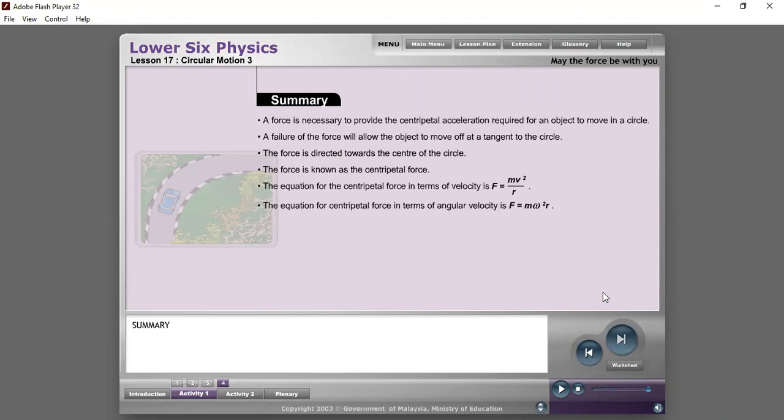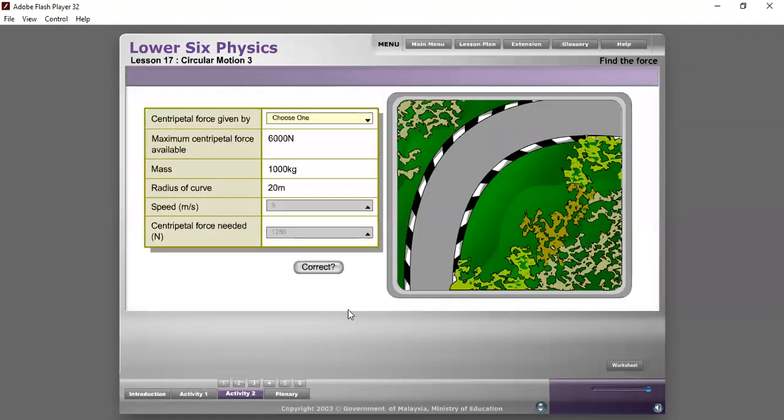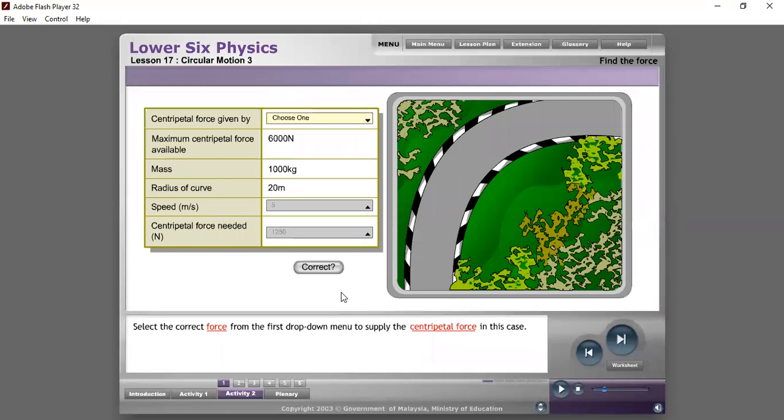So how important is the centripetal force to keep an object moving in circular motion, to keep a car or a vehicle turning at the corner? Select the correct force from the first drop-down menu to supply the centripetal force in this case.